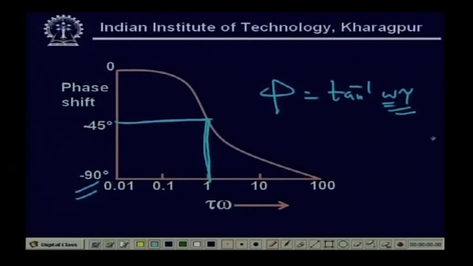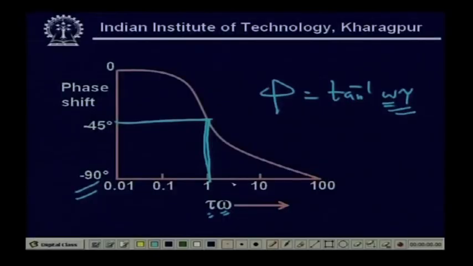So, this is about the amplitude and the phase response of a first order system with sinusoidal input. Now, this is important because I told you earlier that omega plays a key role in finding the response of first order and second order instruments with sinusoidal input.